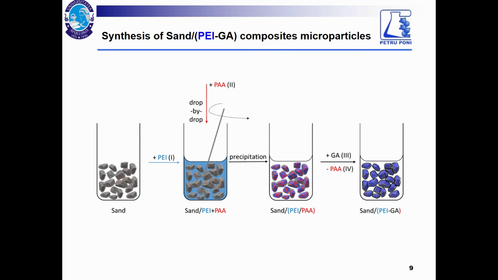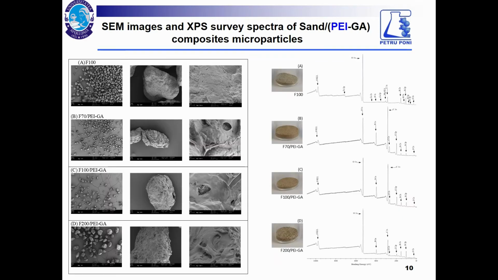Therefore, we tried a new method for deposition, which is a precipitation of interpolyelectrolyte complex followed by chemical cross-linking and pH extraction, obtaining in the end a stable sand polyethylene imine composite. The SEM images show the film formation on the solid surface, and XPS measurements confirm this fact.